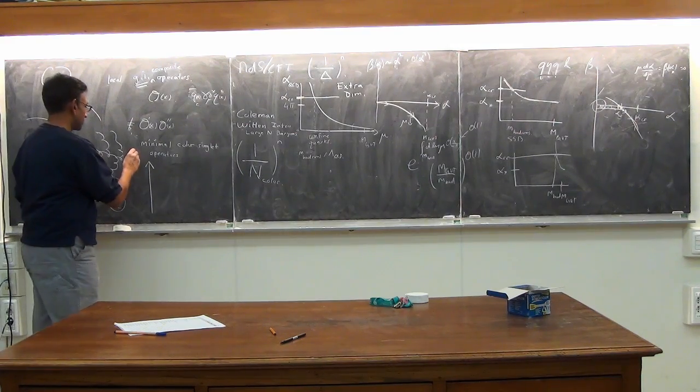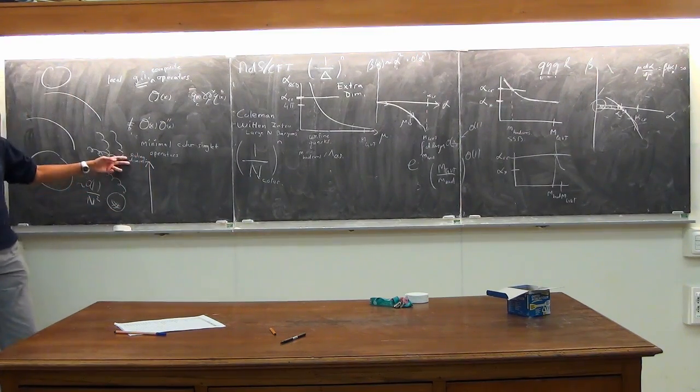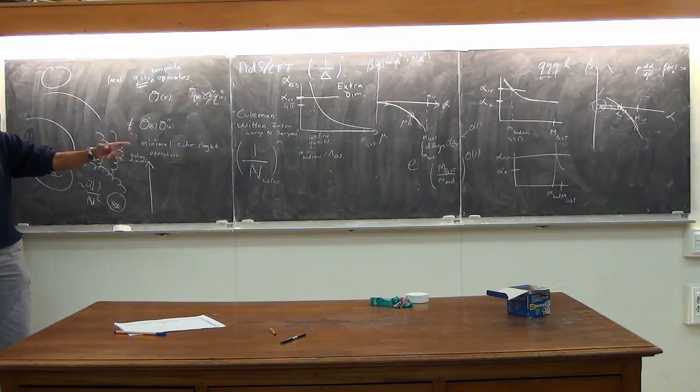You can draw the scaling dimension. The scaling dimension is the sum of the engineering dimension, the canonical dimension, and the anomalous dimension.